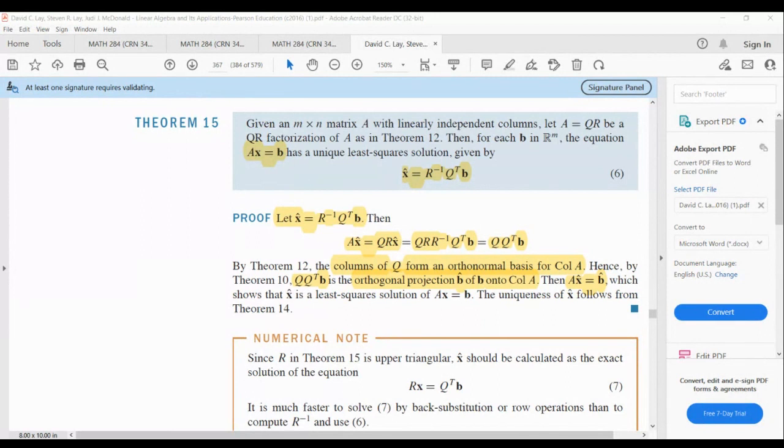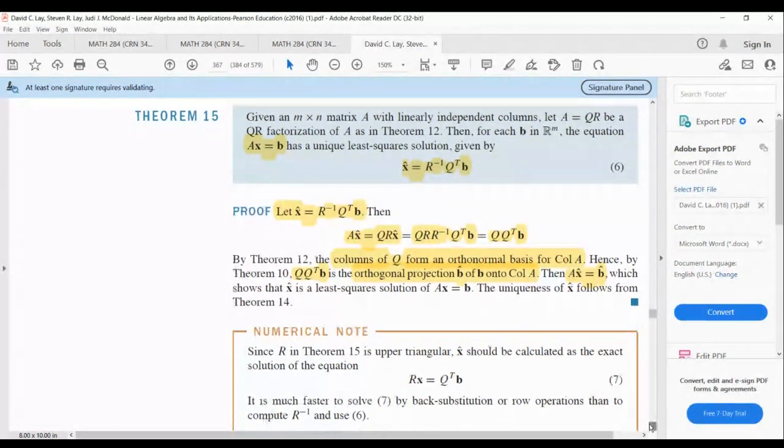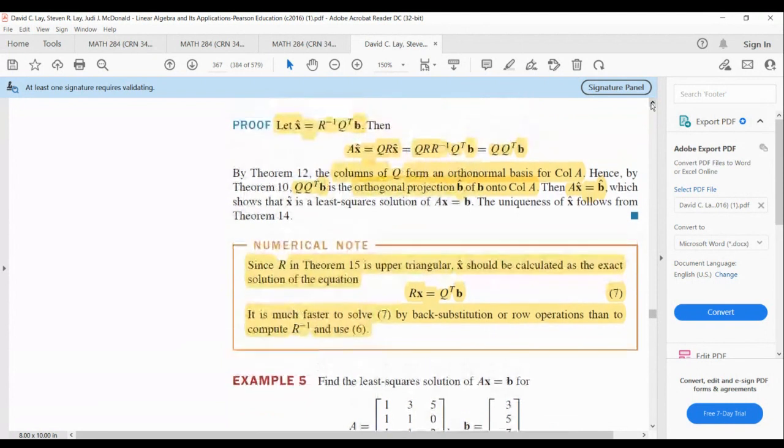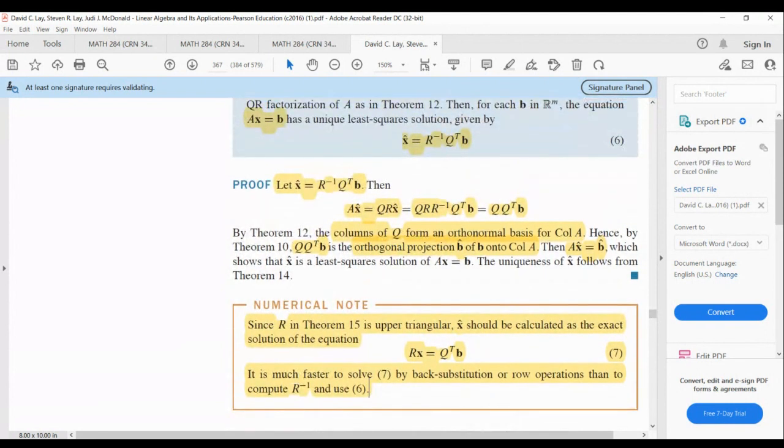And one thing that the book mentions is that it always has these numerical notes. In Theorem 15, X hat is found by R inverse times Q transpose times B. But that's not the only way you can find X hat.